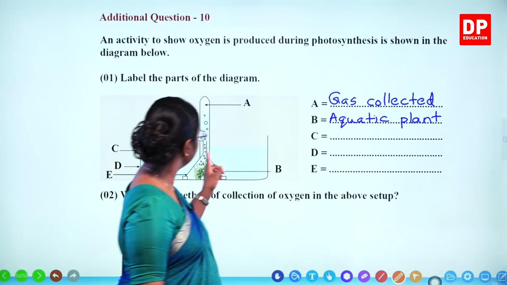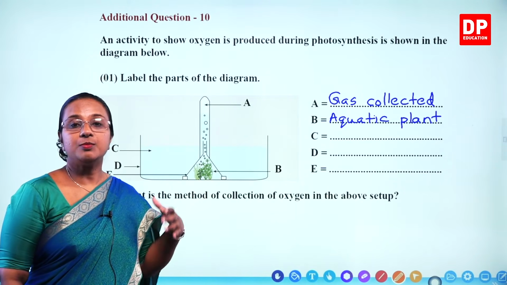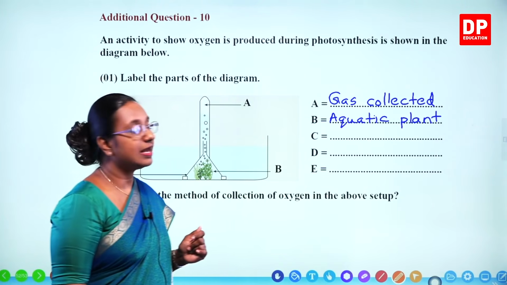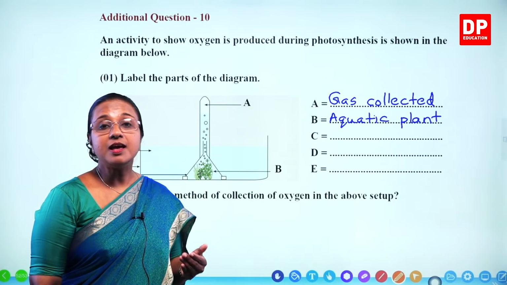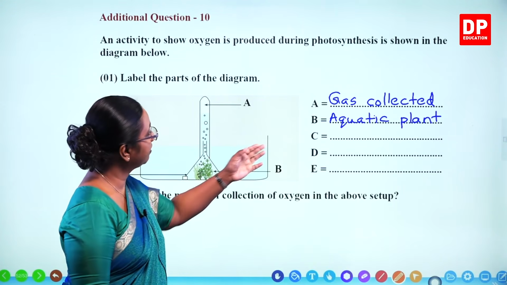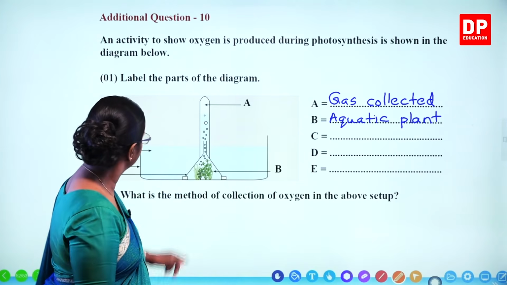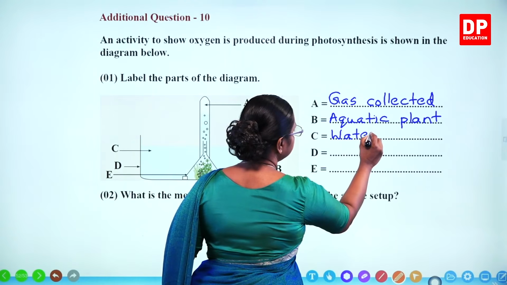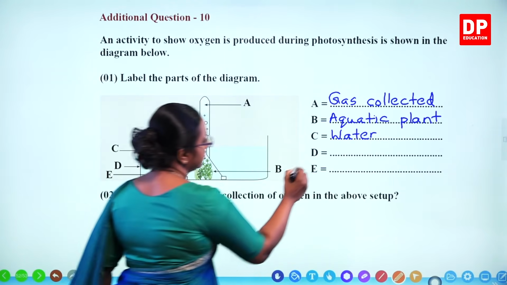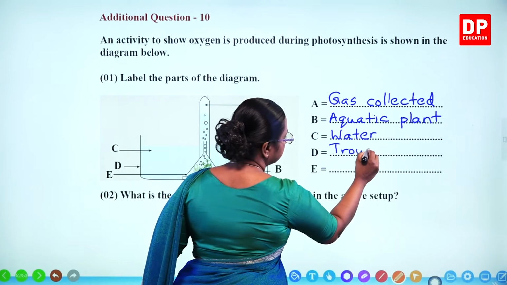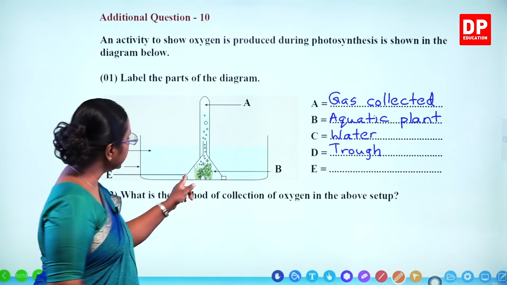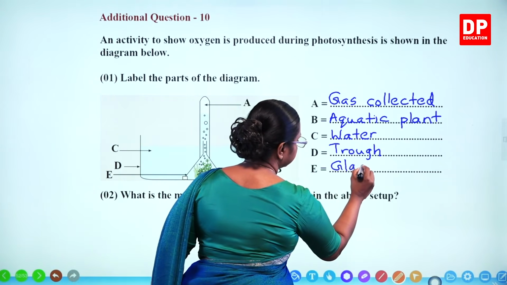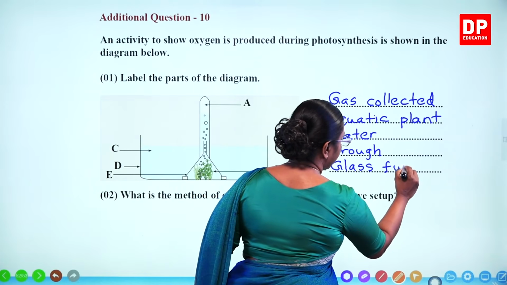Here students, by looking at the diagram, we can't say whether it's hydrilla or vallisneria, so it's always better to write it as aquatic plant. And if they ask you for examples, then you can write the name of the plants. Then C is water. And D, here you can see, is the trough. And E is the glass funnel.